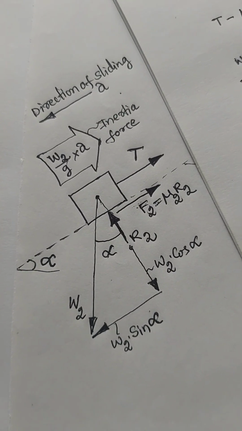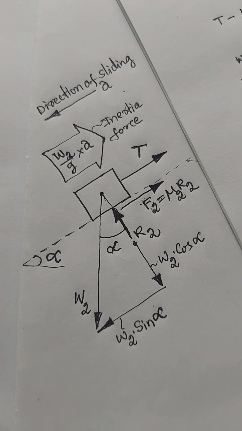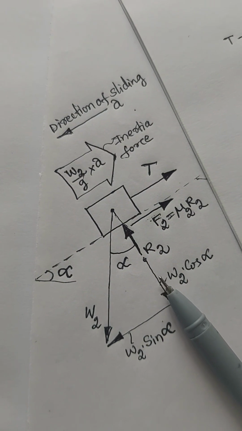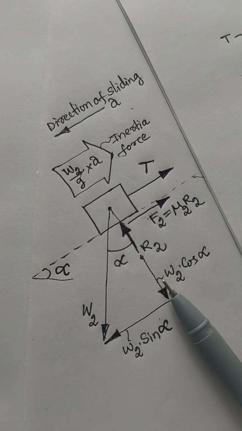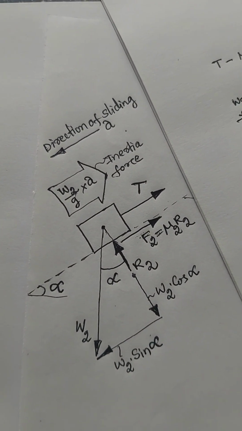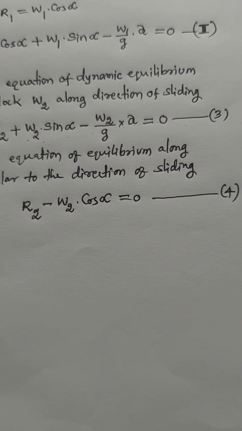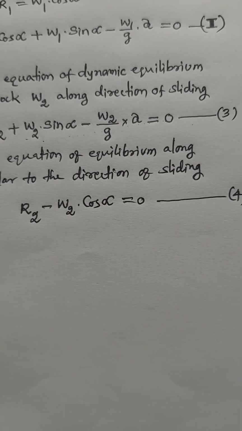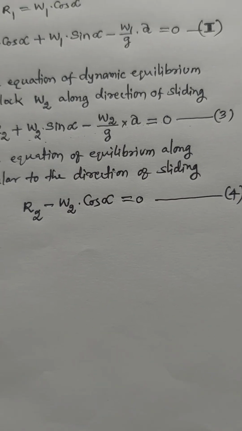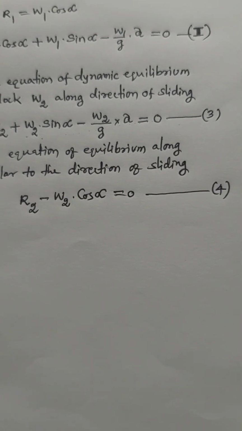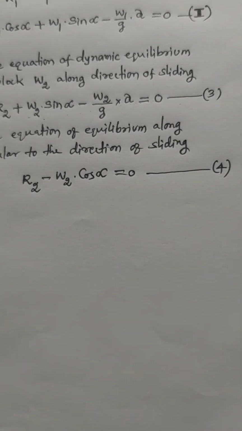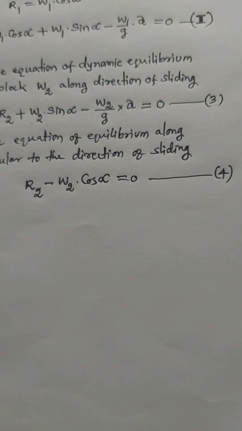When you write the equation of equilibrium along the direction perpendicular to sliding, or the direction of acceleration, we get R2 and W2 cos alpha in the equation of equilibrium. This is the equation: R2 minus W2 into cos alpha equals 0. From the fourth equation we find R2 equal to W2 into cos alpha.